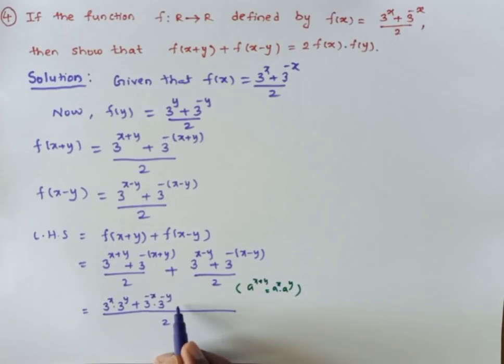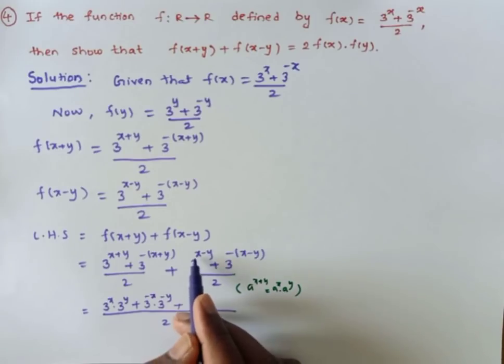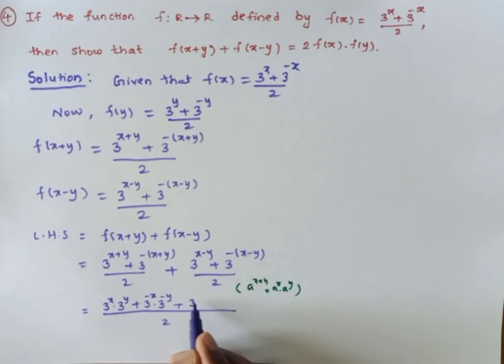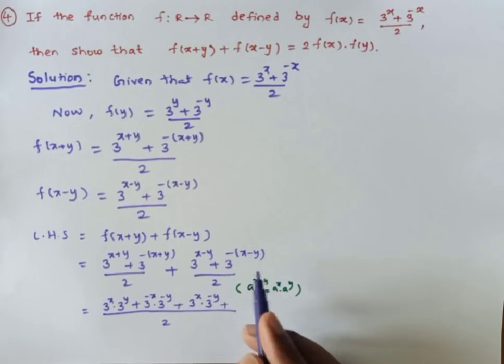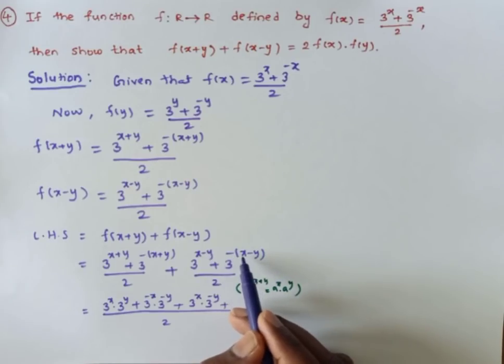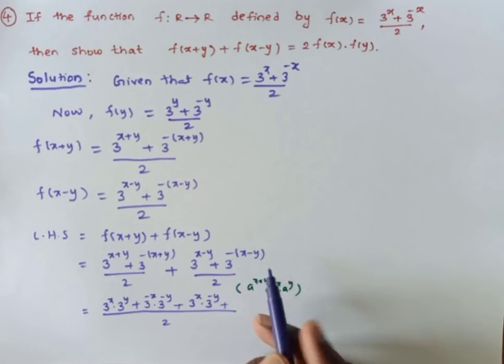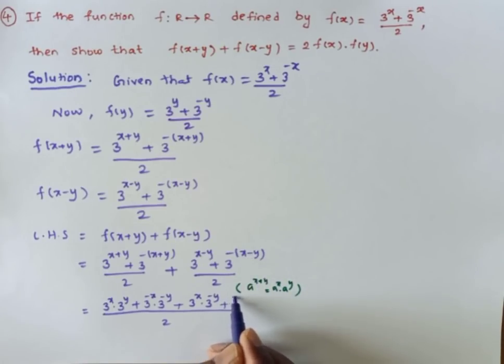Right? Now plus 3 power x minus y can be written as 3 to the power of x into 3 to the power of minus y, plus, see here if we multiply the negative sign, x is negative, y is positive, so it is in the form of 3 power minus x plus y, so that it is 3 to the power of minus x into 3 to the power of y.